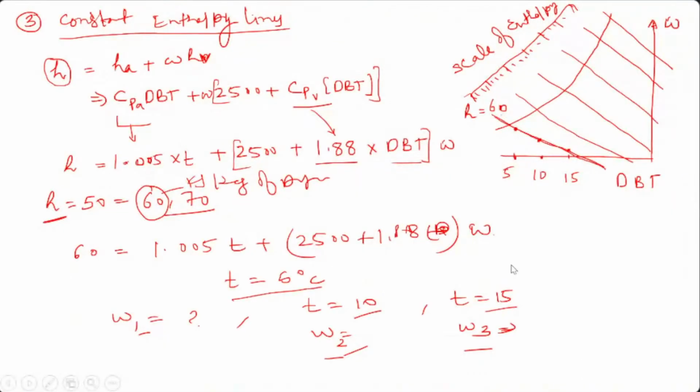Okay. So this is the scale of enthalpy, and you can check whatever the enthalpy is, and correspondingly you can calculate the dry bulb temperature. Is it clear to everyone? These are your constant enthalpy lines.